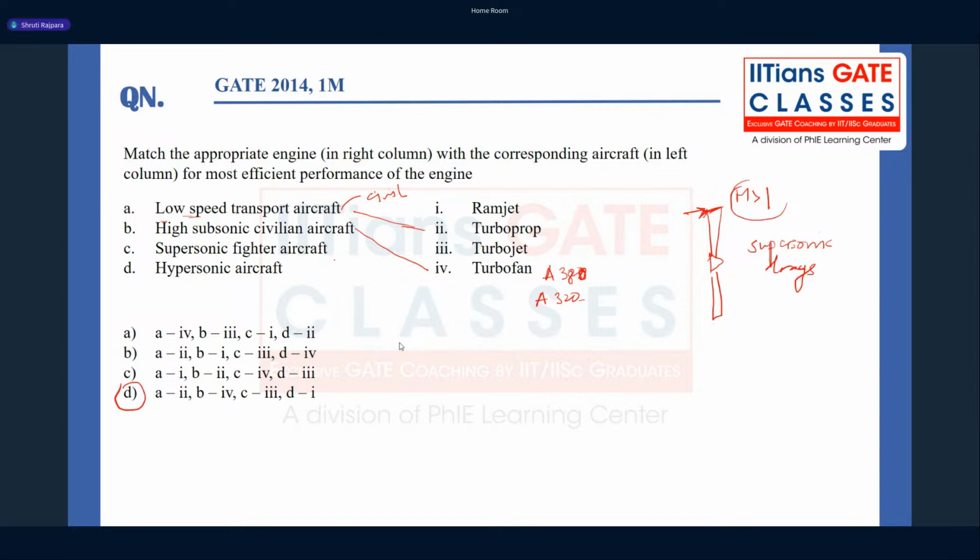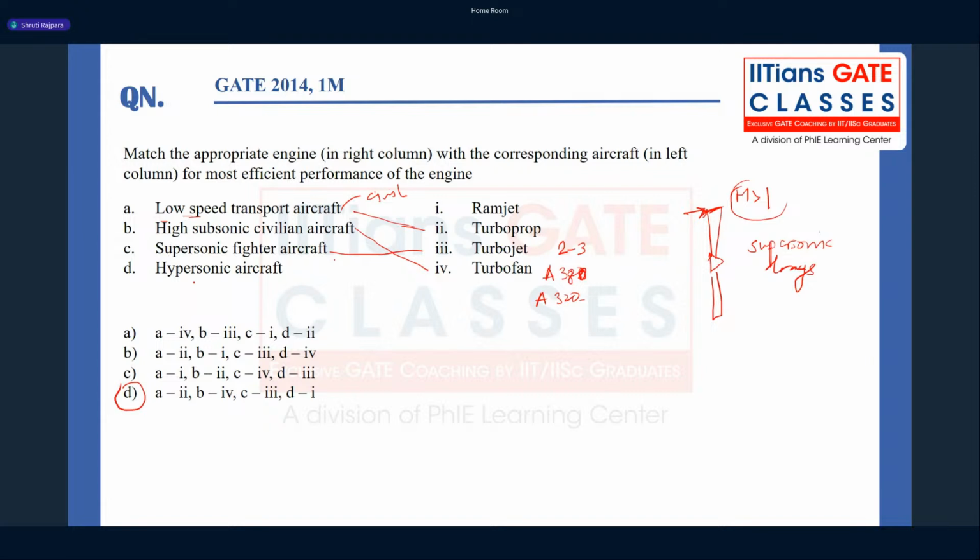So we cannot install turbofan engines, because turbofan engines usually have a much higher frontal area compared to turbojet engines. Also it has to have high maneuverability in case of dog fighting. So we use turbojet engines mostly, and turbojet engines, as I said, can operate up till Mach 2 to 3.